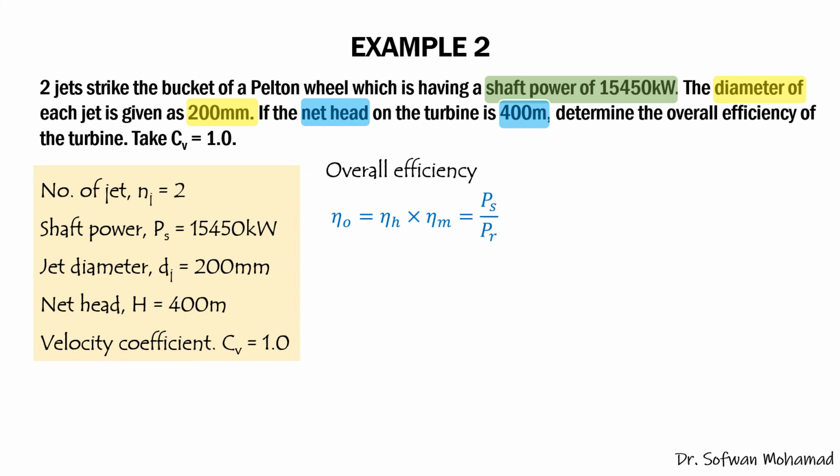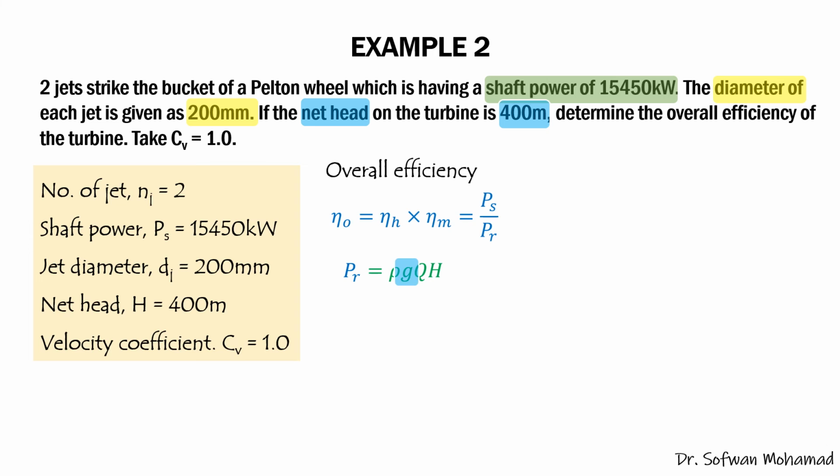So we know that the power developed at the runner can be calculated using this expression, rho GQH. And we look into the first term in this equation. Rho is not given in the question. If rho is not given, we know that for water, we can take the density of water as 1000 kilogram per meter cube.